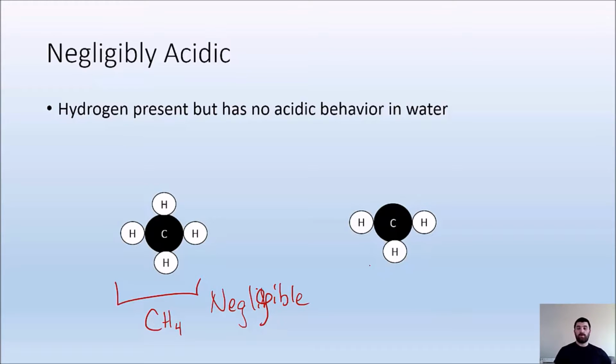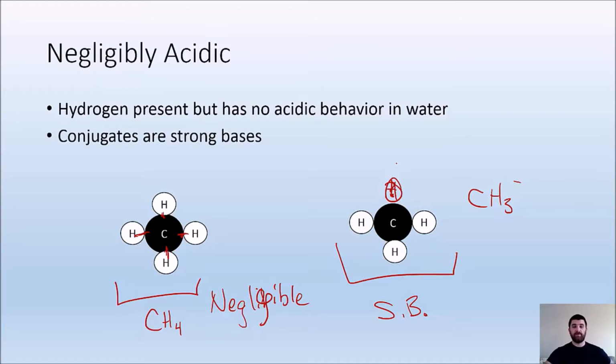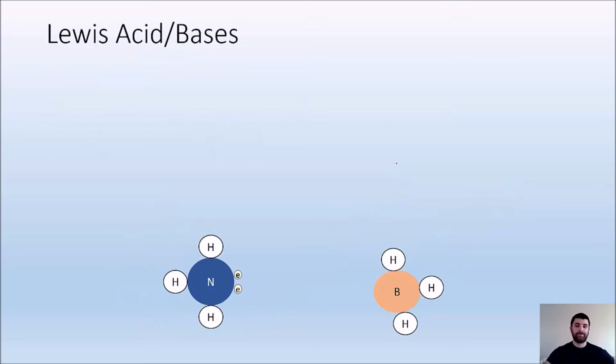But what that means for something like this, if you had the CH3 minus ion, well, this is negligibly acidic because it really likes holding on to these hydrogens. It doesn't want to let them go. So if we had something like this where there was a missing hydrogen, this is going to be a very strong base because if a hydrogen comes along, it's going to hold on to it and bond with it. All right, so these conjugates are strong bases.